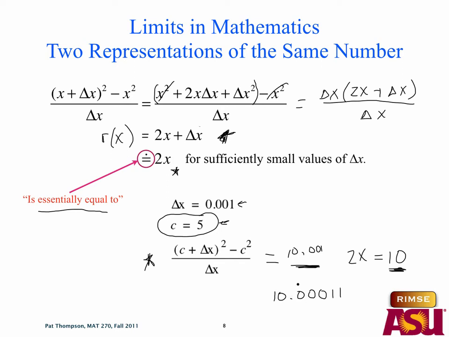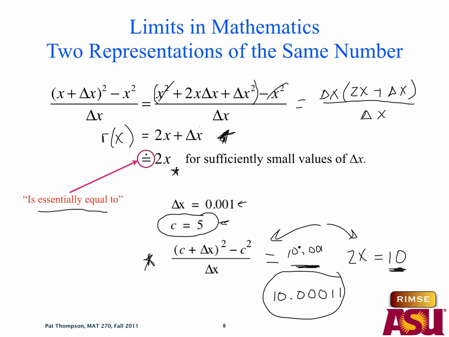In order to say that 2x plus delta x is essentially equal to 2x, I should be able to find a value of delta x that's small enough to where this number is no longer in between the value of this expression and the value of this expression. So can you give me a delta x that would now exclude this circled number from the range between here and here?